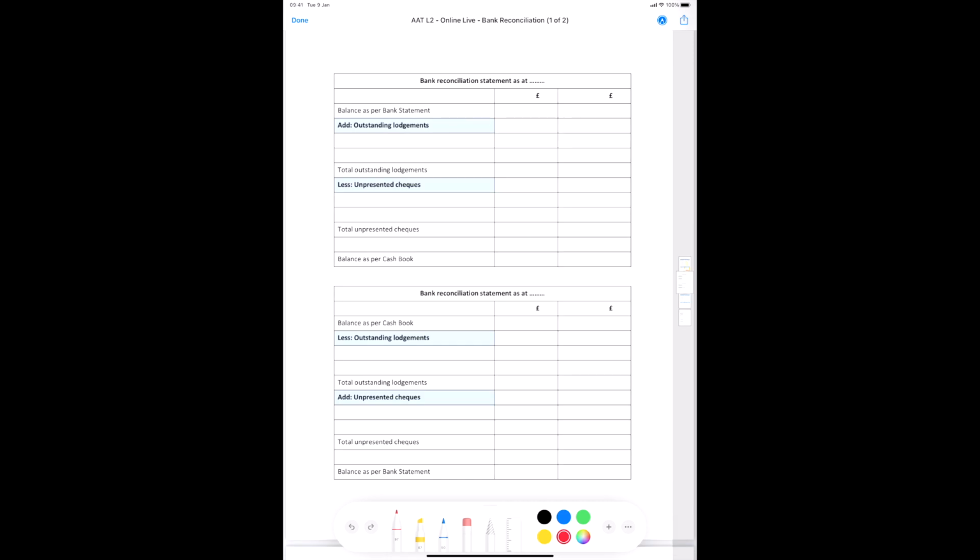What we need to be aware of when we're looking at our bank reconciliation statement is you can be given this in 2 different ways, and it depends on the starting point in which you're given. First of all, we're going to look at the balance as per the bank statement and work our way to the balance as per the cash book.